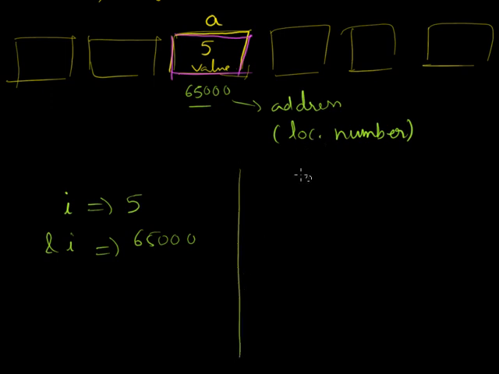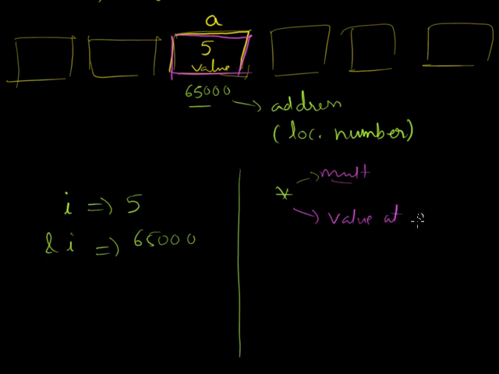Now, like the address of operator, we also have a value at operator denoted by an asterisk. Asterisk is also multiplication, but it also performs the function of another operator. It is actually overloaded. It does two functions based on the context. One is multiplication, another is value at address.